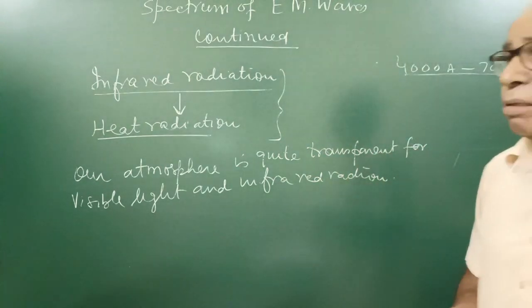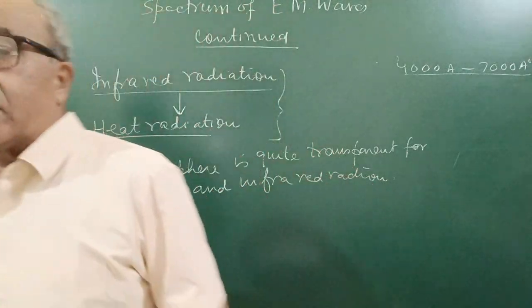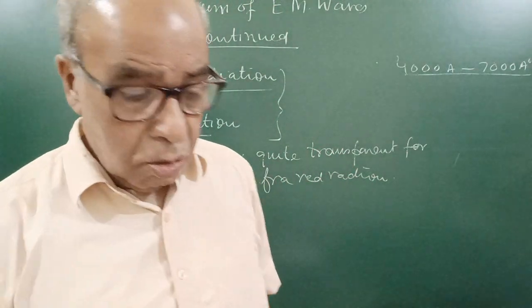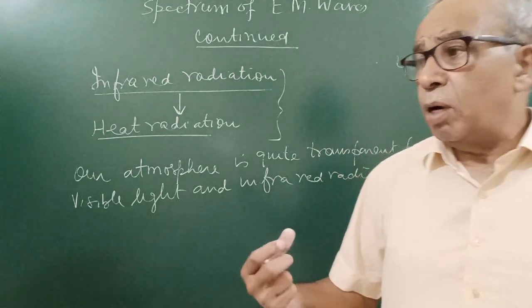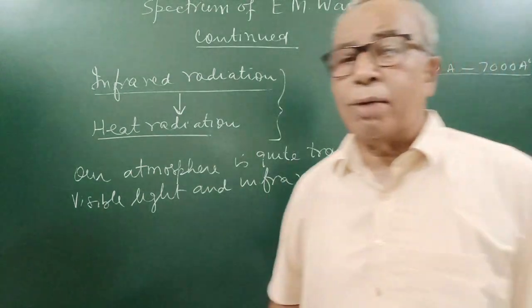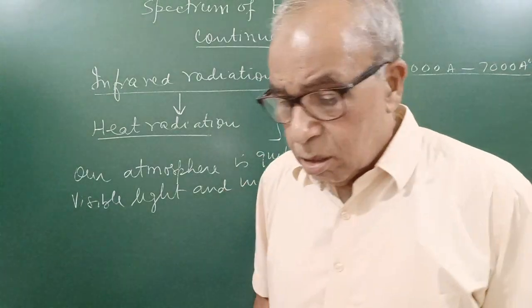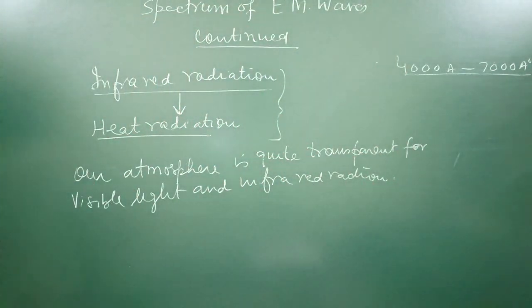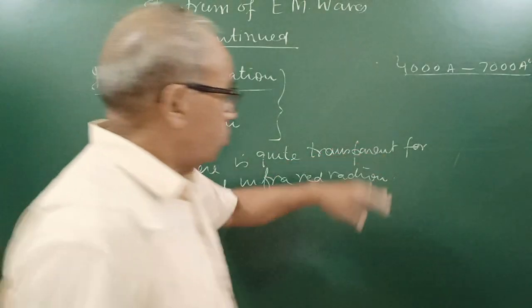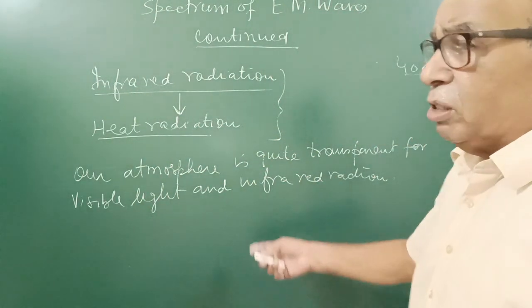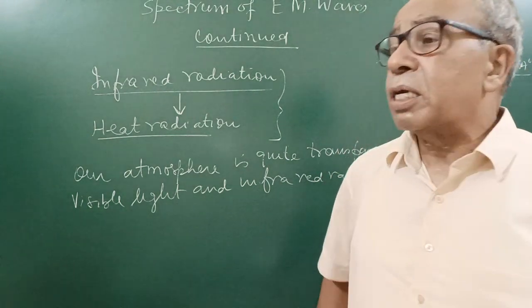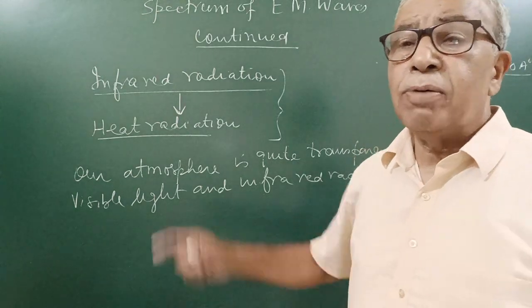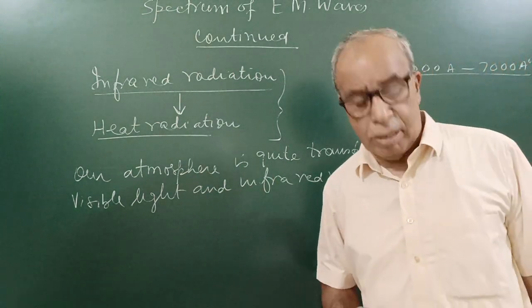And heat radiation, if absorbed, raises the temperature. Have you ever thought how the temperature of our air or environment increases? The temperature of the atmosphere does not increase directly, because for visible light and infrared radiation, our atmosphere is totally transparent. That is why we are getting heat and light from the Sun.